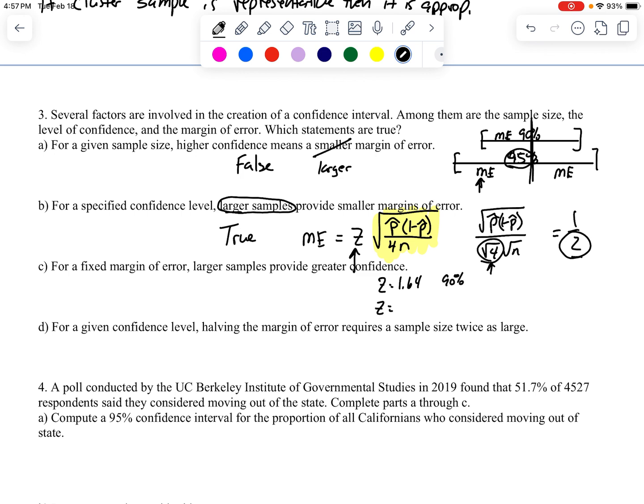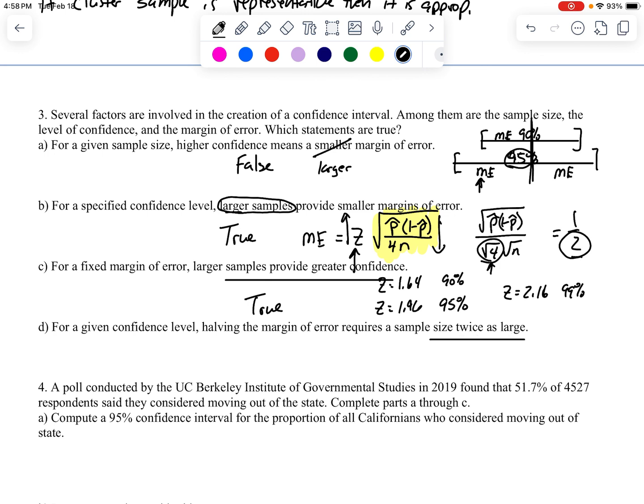So z equals 1.64 to be 90% confident, z equals 1.96 to be 95% confident, and I think z equals like 2.16, I can't remember, to be 99% confident. So as this part here in yellow goes down, this part has to go up in order for that fixed margin of error to stay put. So therefore, larger samples provide greater confidence is going to be true because of that fact.